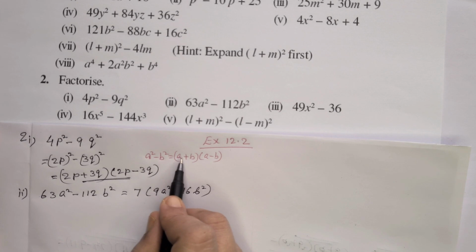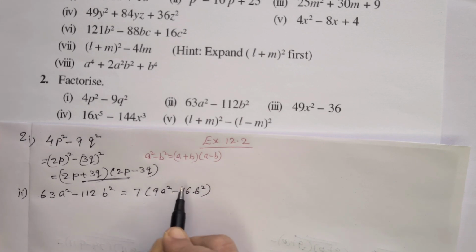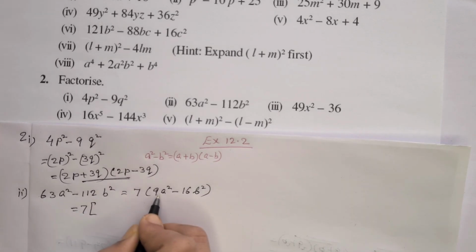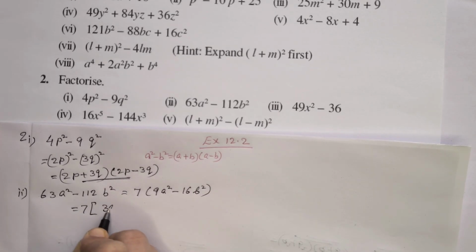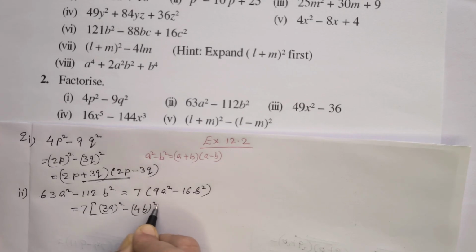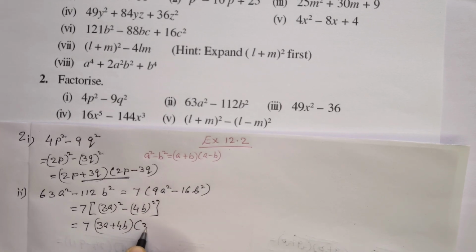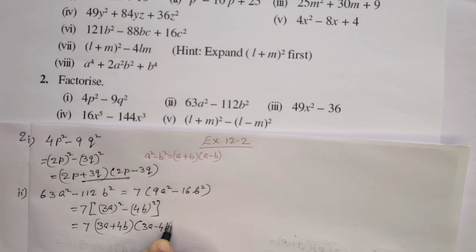Now again this is the same form, a square minus b square. We can rewrite that as 7 into 3a square minus 4b square, which is equal to, using the same identity, 7 into a plus b, that means 3a plus 4b into 3a minus 4b.